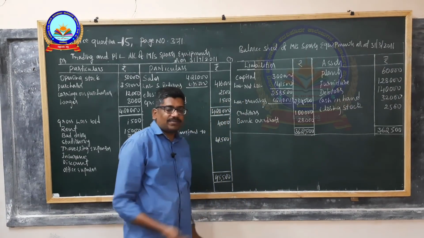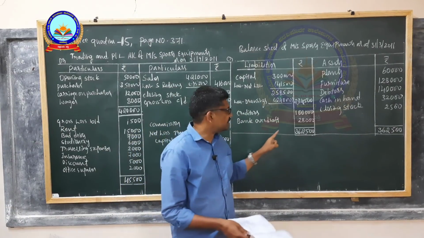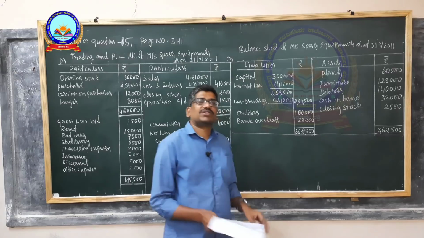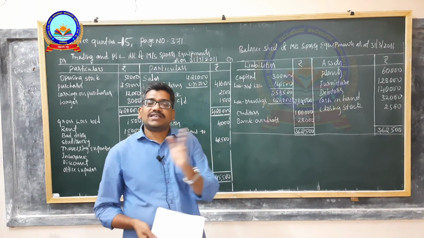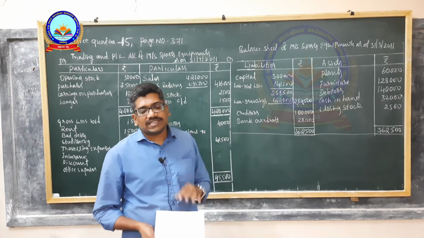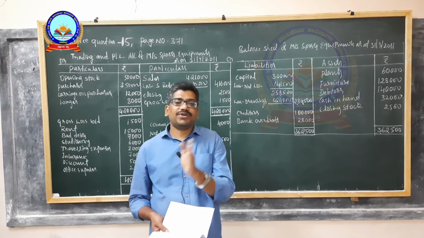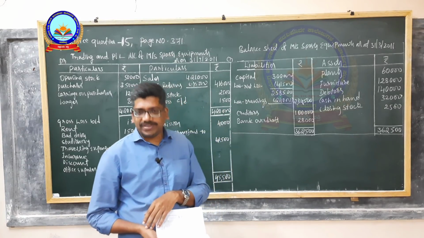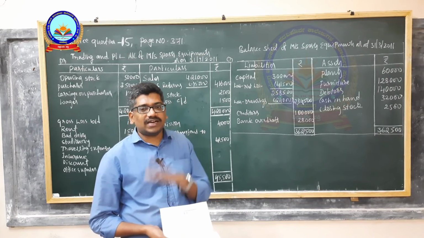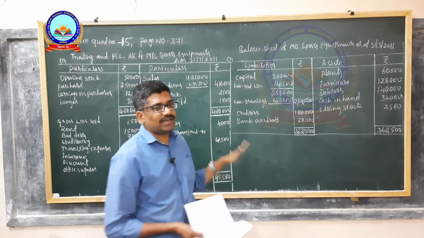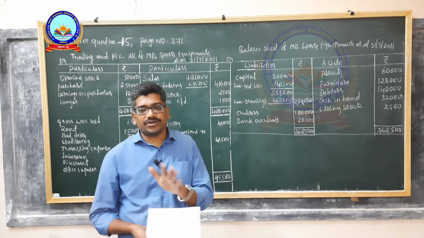The next current liability is the bank overdraft. Bank overdraft amount is 28,000 rupees. If cash is there in your bank account, that is considered an asset. If you withdraw an amount over and above your available balance from the account, that will be treated as a bank overdraft, and it is a current liability unless and until you repay that amount to the bank.